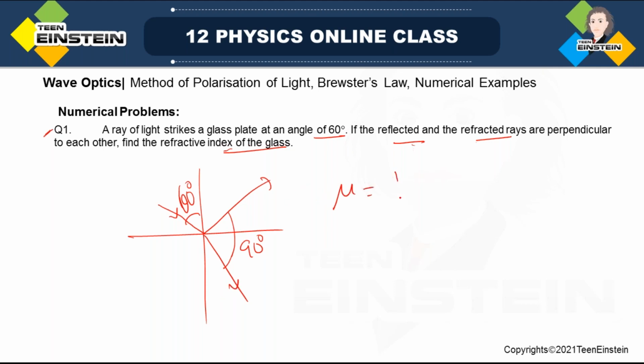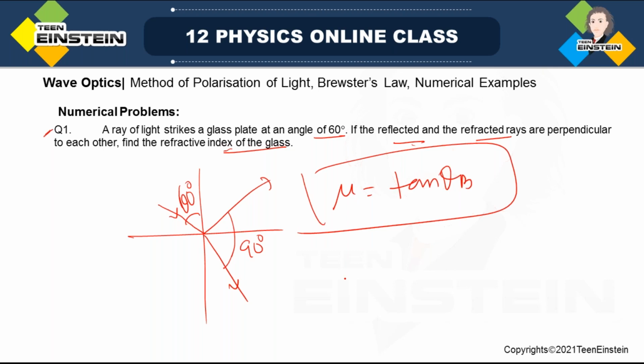So mu means tan theta b. If you know Brewster's law, then it is very easy to find out. So what is the refractive index? Tan 60 degrees. You have to understand whether this angle of 60 degrees is Brewster's angle or not, then only you can apply this formula. So from here you get tan 60 degrees, which is root 3.